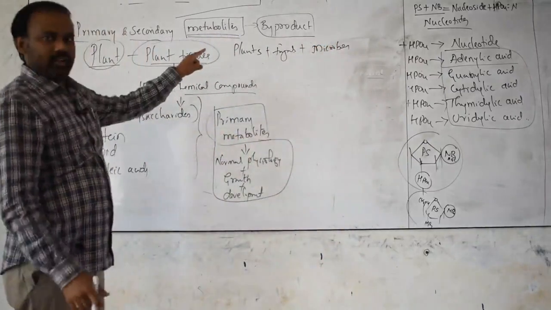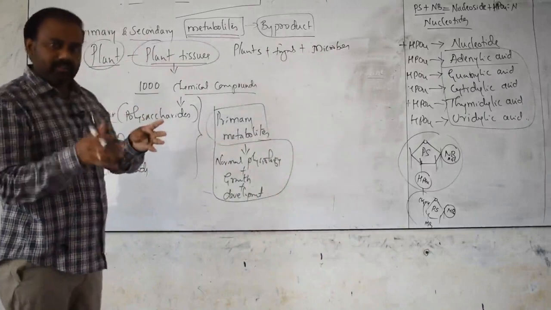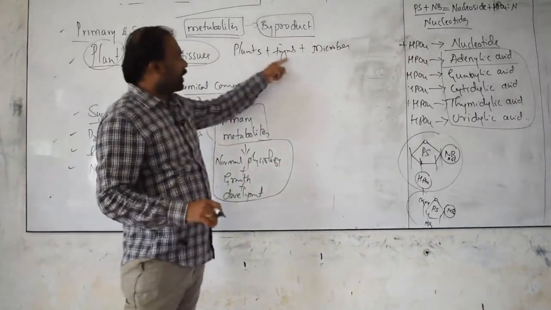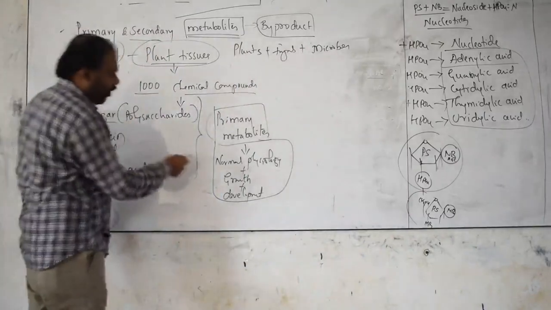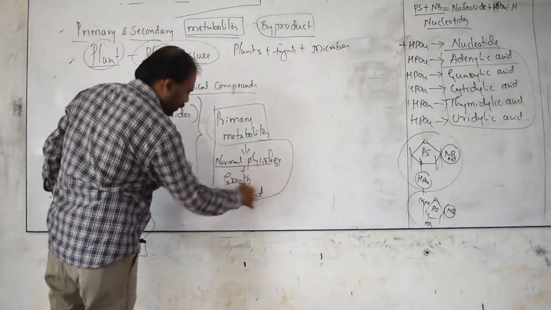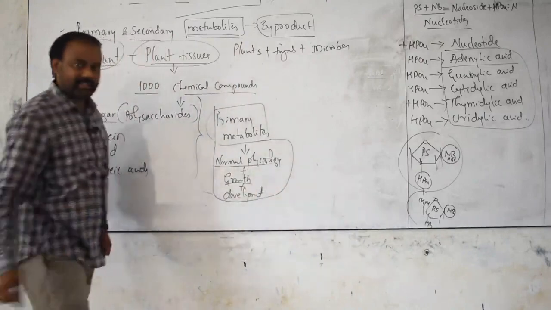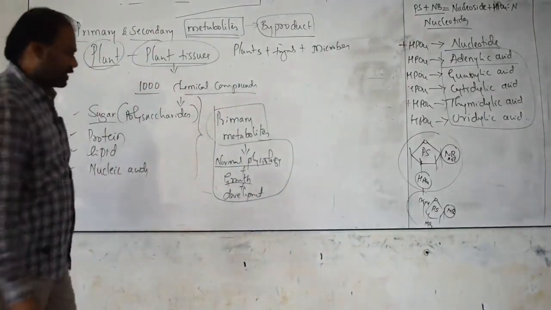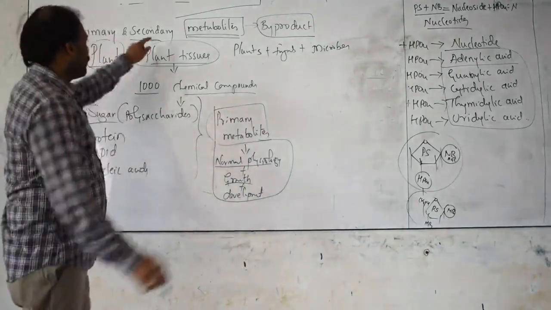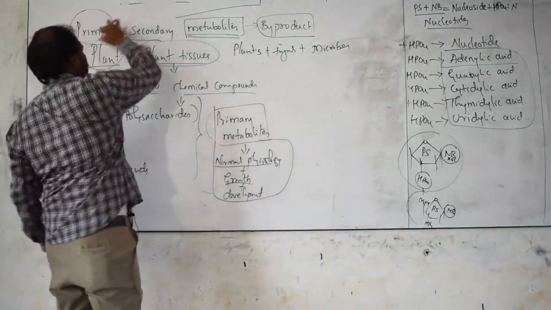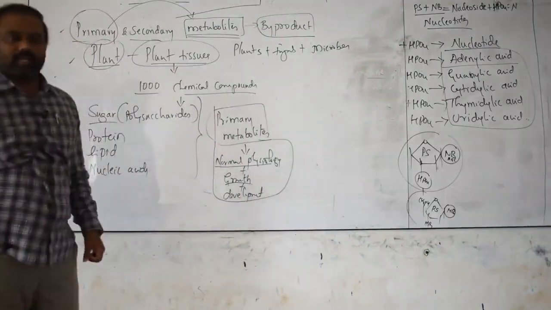Those chemical compounds synthesized by the plants, fungus and microbes, which are directly involved in normal physiology, growth, development and other processes, are simply considered as primary metabolites. This is the first one. Very simple to understand.